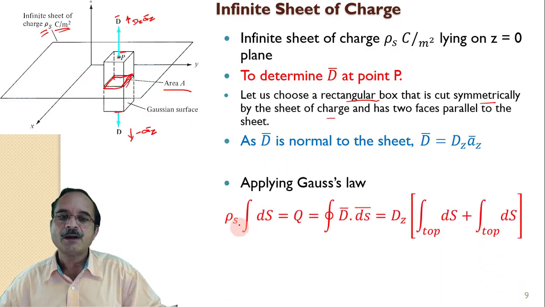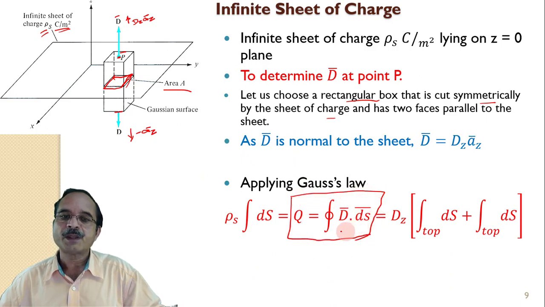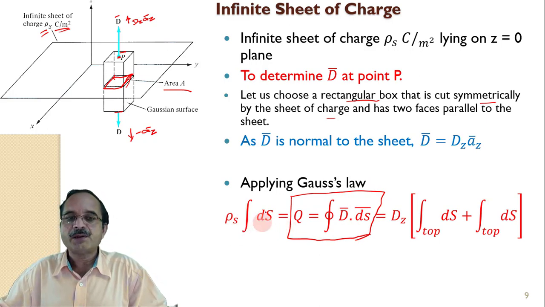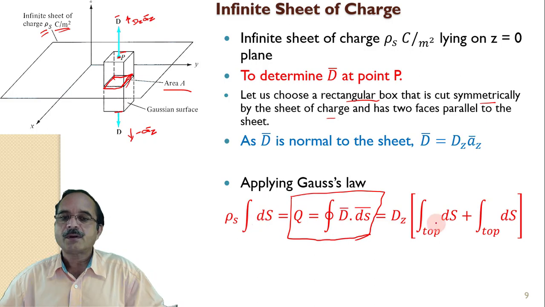Now applying Gauss law, the total charge enclosed is equal to the integral of D dot dS. The total charge enclosed in terms of surface charge density is rho s into the area. Evaluating this D dot dS over the entire surface of this rectangular box, the electric flux density will exist only normal to the top and bottom part, and on the other four sides it will be 0.